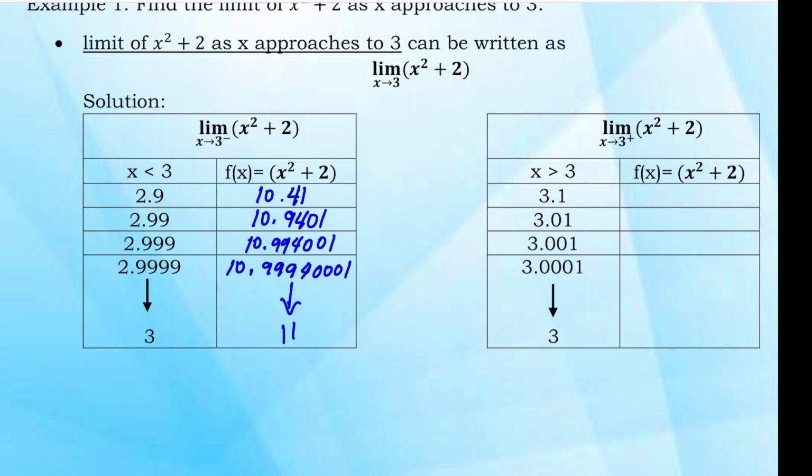If we use 3.1 in the function, that will become 11.61. If we use 3.01 in the function, that will become 11.0601. And if we use 3.001 in the function, the equivalent is 11.006001, and for 3.0001, the function will become 11.000601.